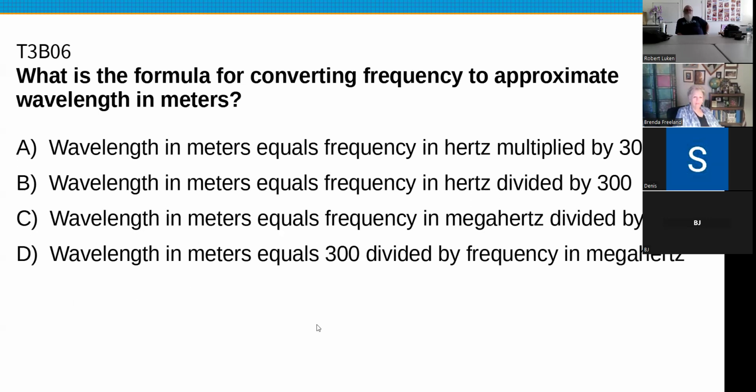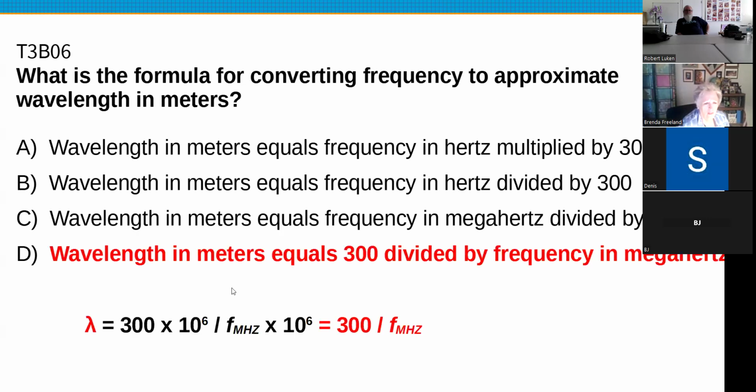What is the formula for converting frequency to approximate wavelength in meters? 300 divided by the frequency in megahertz.